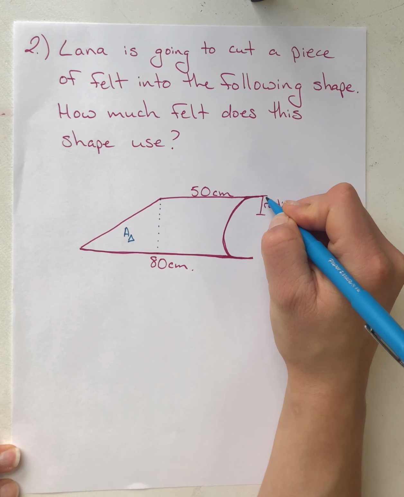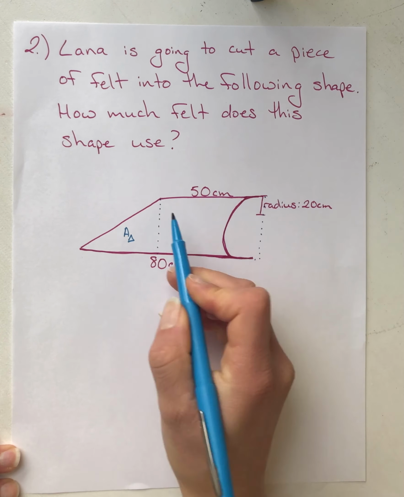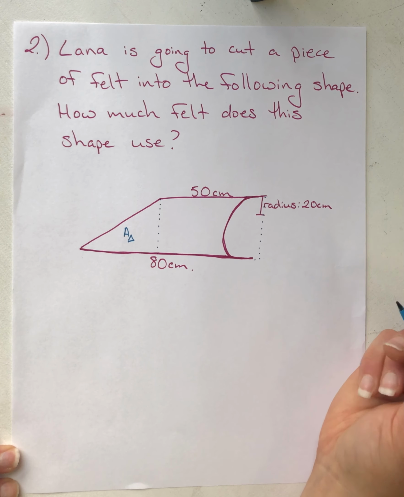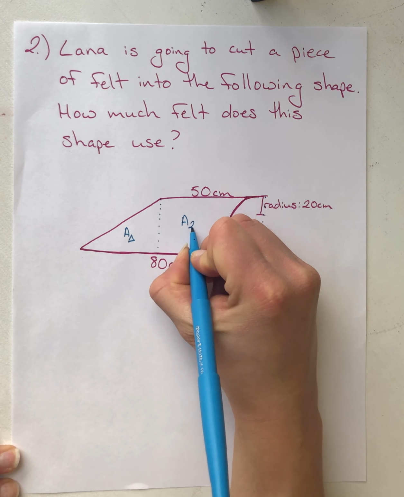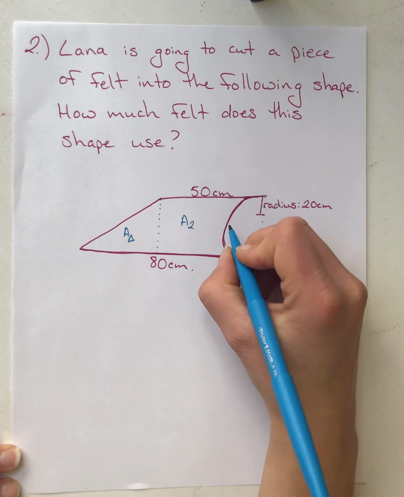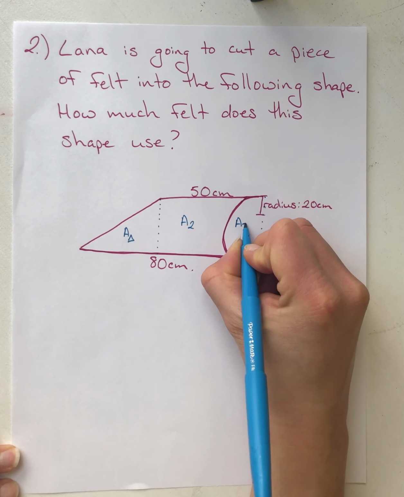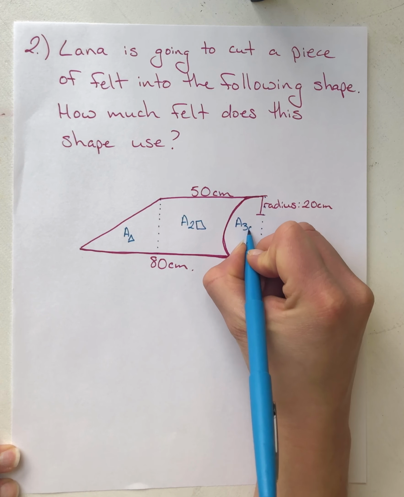And if I cut this here, we can see that we have our rectangle. So this would be area 2, but then we also need the area of our semicircle, right? So area 2 and area 3 is a circle.